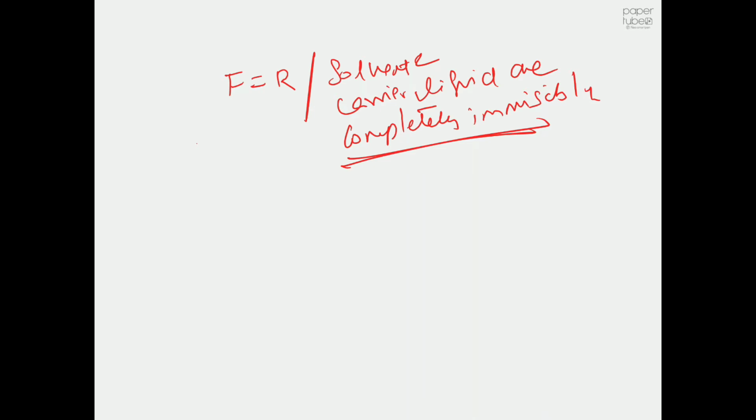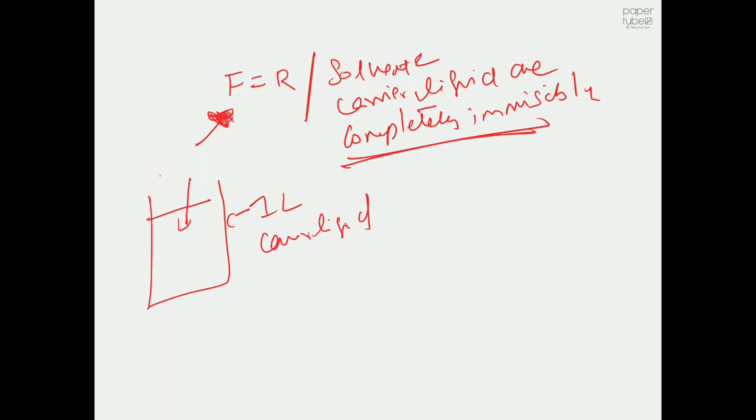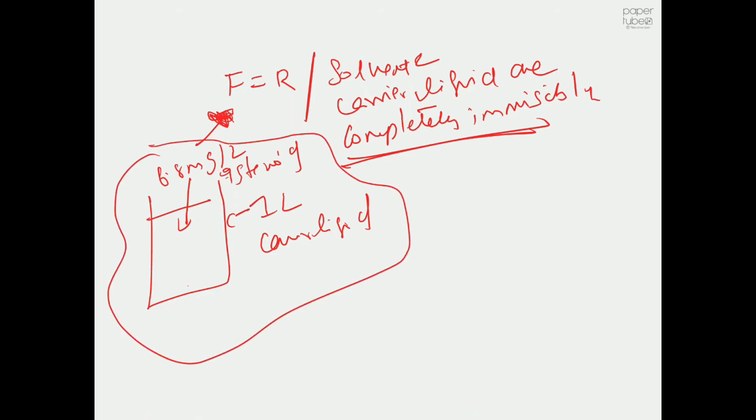So in fact, if you want to prepare the feed solution that we are using in this experiment, all we need is to take 1 liter of your carrier liquid, and in that we add 6.8 milligrams per liter of steroid. So that makes our feed solution. Just assume this one we get from some biological process, say some fermentation process, for example.